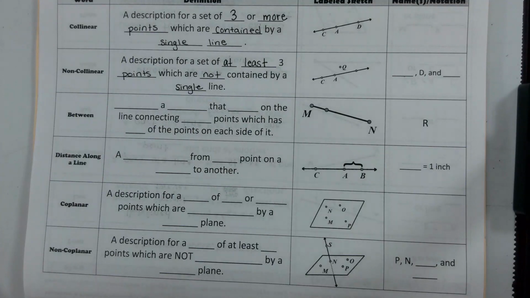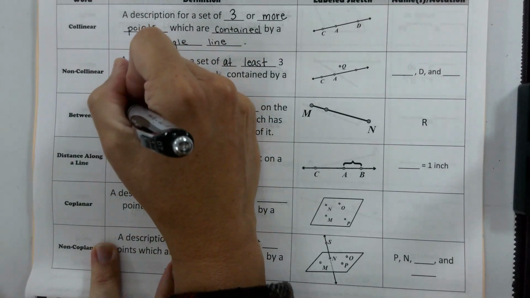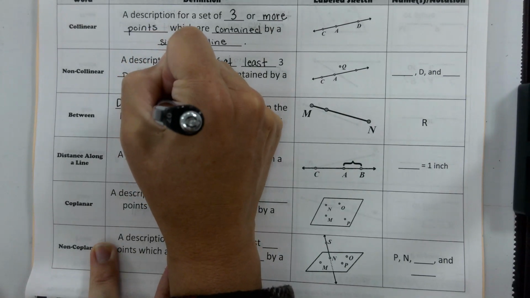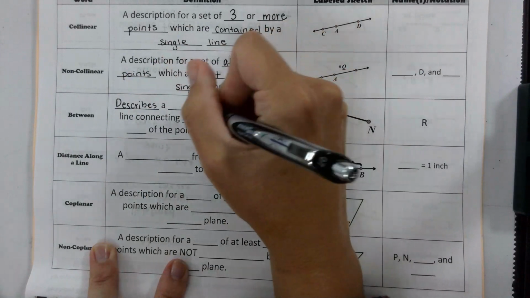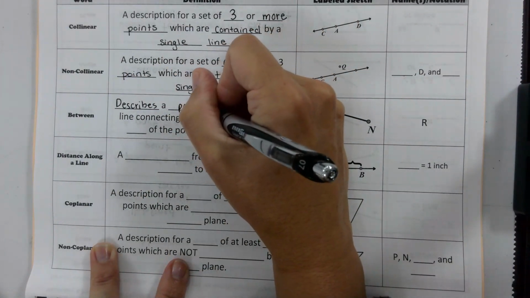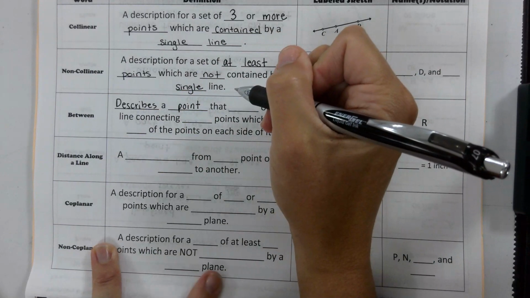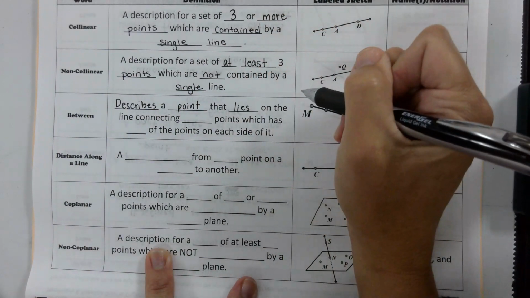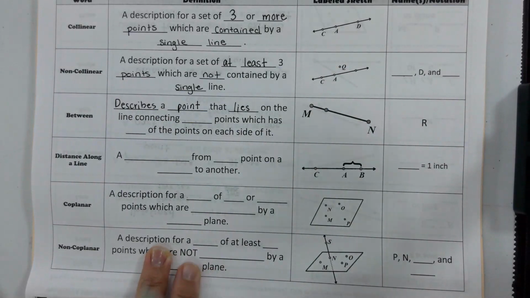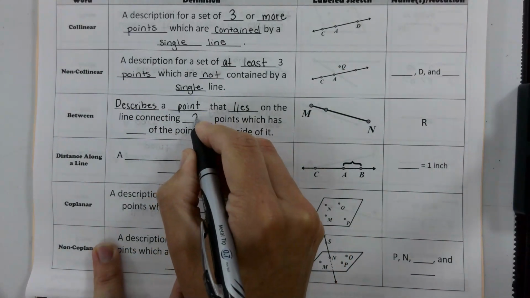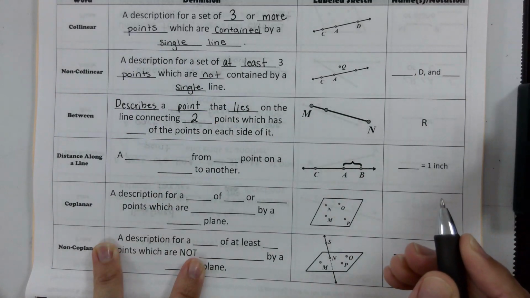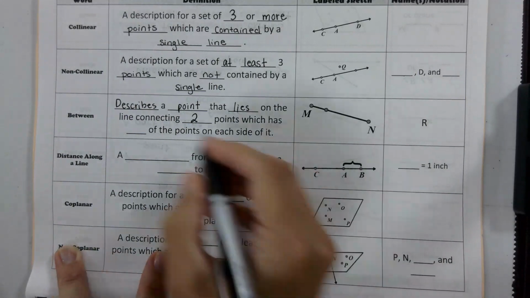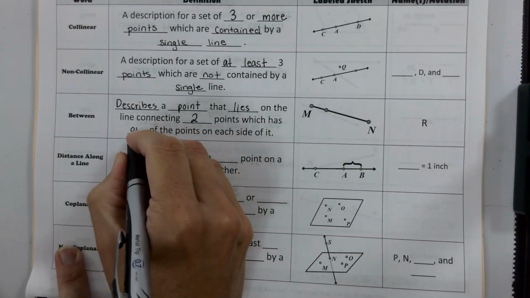So the word between describes a point that lies on the line connecting two other points in which it has one on each side of it, on either side.